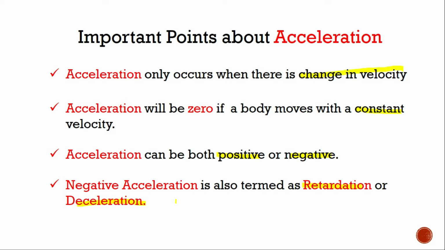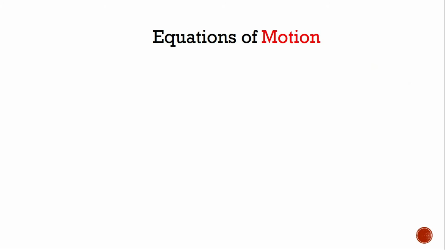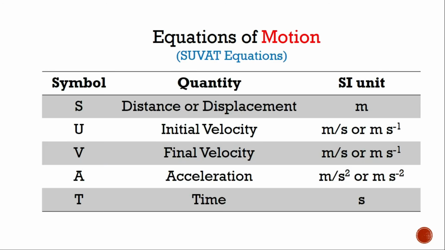Now let's move into our next topic, which is equations of motion. So basically, in order to solve various different problems regarding motion in a straight line, we have different equations or formulas known as equations of motion, which are sometimes also known as SUVAT equations, where S refers to distance or displacement, which is measured in meters.